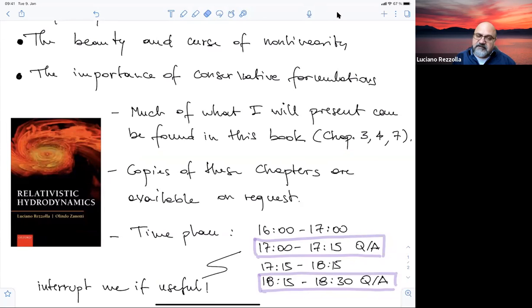I'm pretty sure you have a copy of this book in your library, but if you don't and cannot get a copy of it, let me know and I'll pass you the relevant chapters. I cannot pass you the whole book because this would infringe my agreement with the publisher, but I can pass you the relevant chapters if you wish.